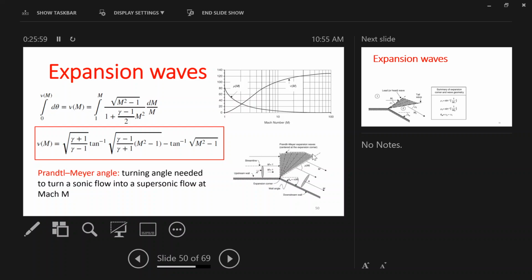So we can find a nu for the upstream condition. We can also find a nu for the downstream condition. And this angle, the wall angle here, is your expansion angle, the downstream angle, and it is going to be equal to this nu of f. You're going to find it with this equation, if you will, right?